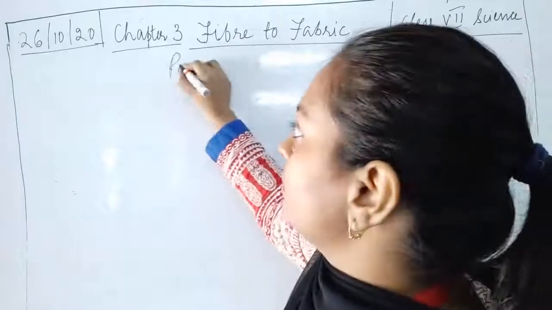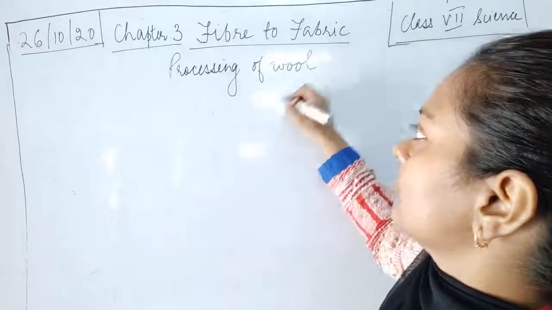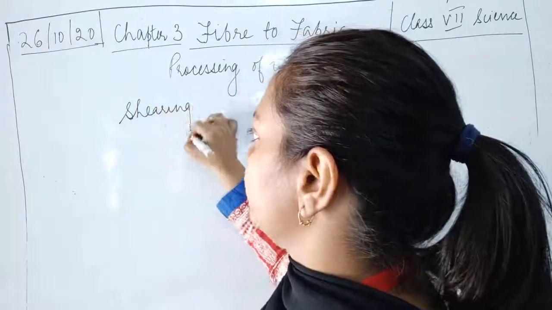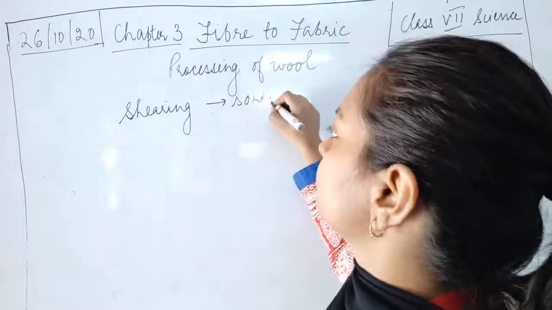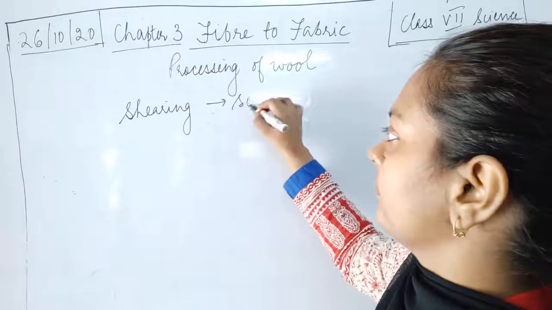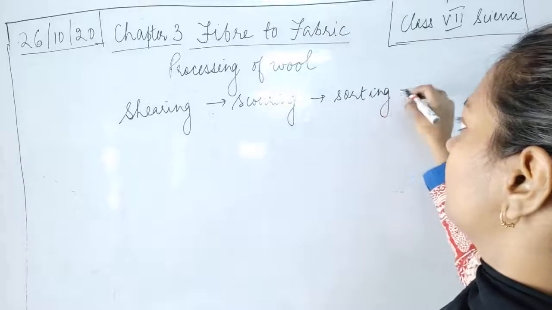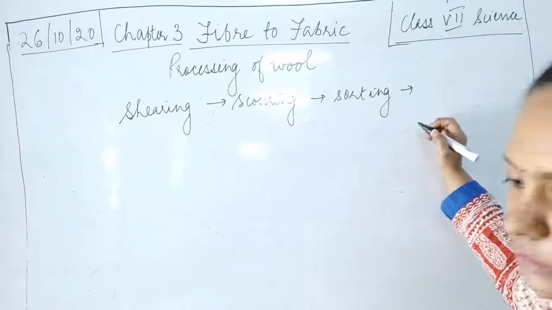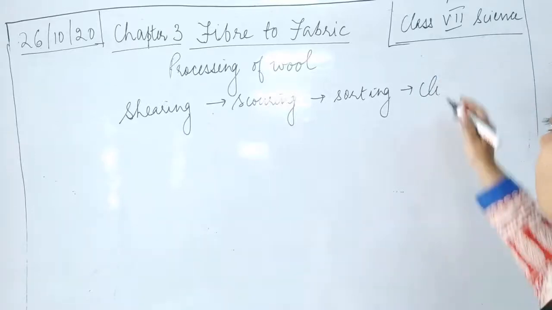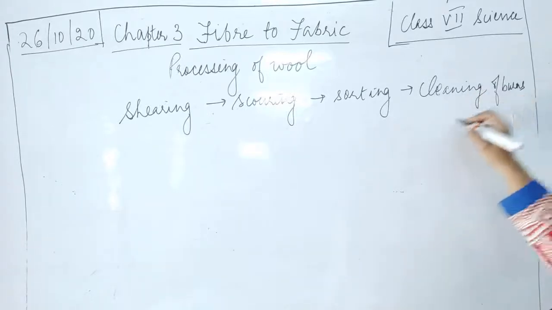So the processing of wool consists of the following steps. First is shearing, then sorting, then scouring, then sorting, then after sorting, cleaning of burrs.